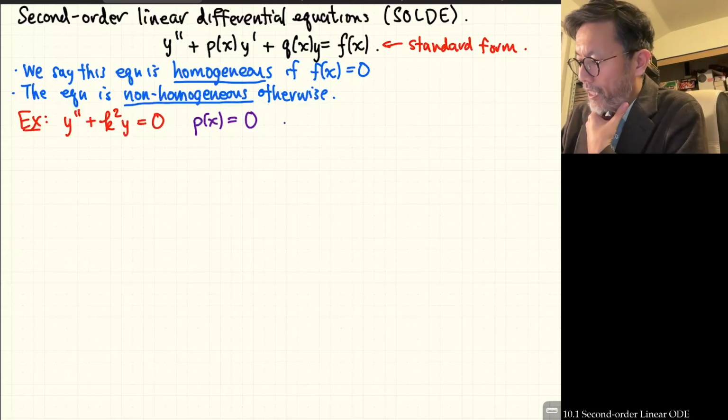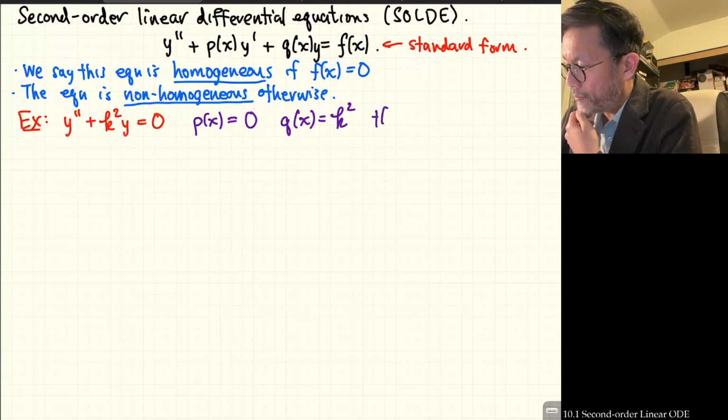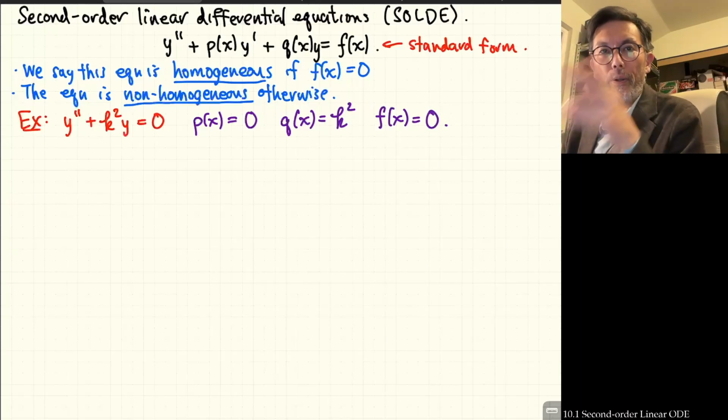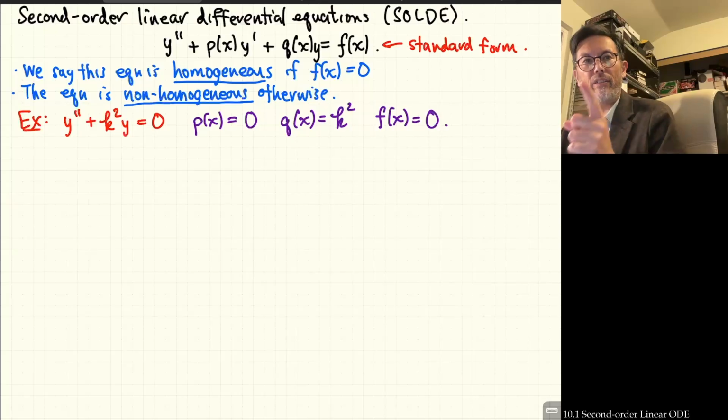What's playing the role of q of x is k squared. And what's playing the role of f of x is 0. So in particular, this is a homogeneous second-order linear differential equation.